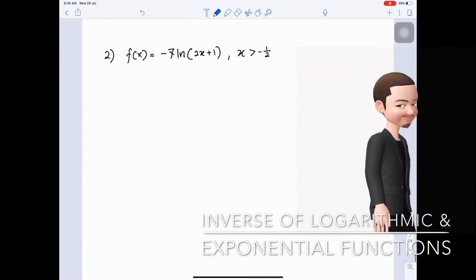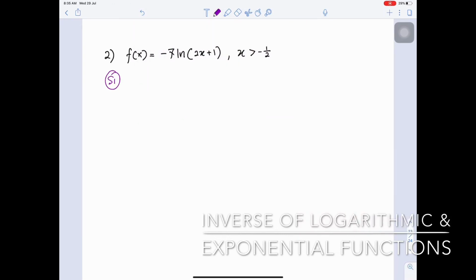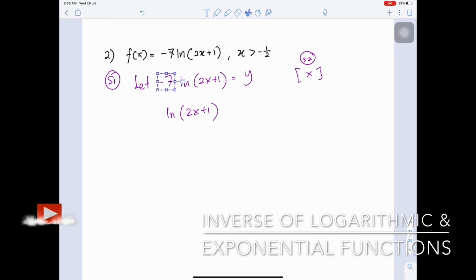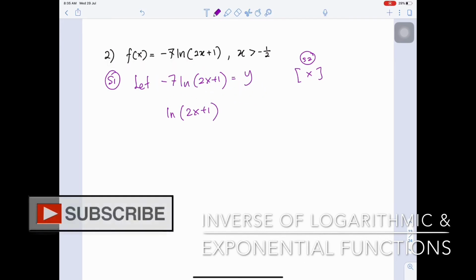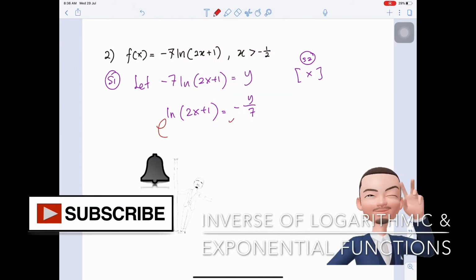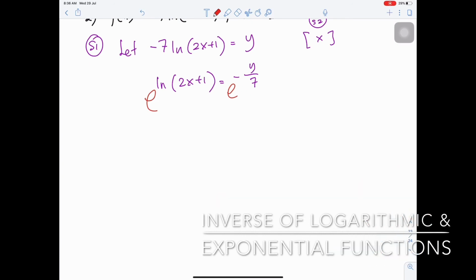Number 2, as usual, step 1: let negative 7 ln of 2x plus 1 equal y, then find x as the subject of the formula in step 2, and simplify. So ln of 2x plus 1, negative 7 becomes division, equals negative y over 7. Put exponent both sides, so 2x plus 1 equals e to the power negative y over 7.